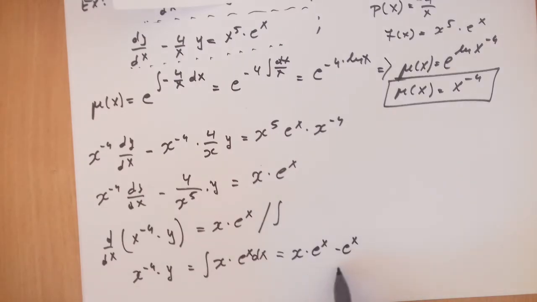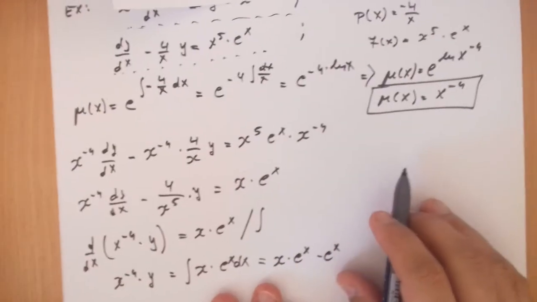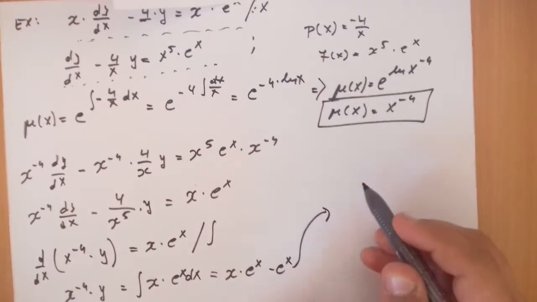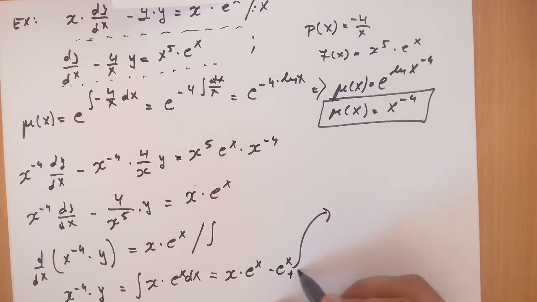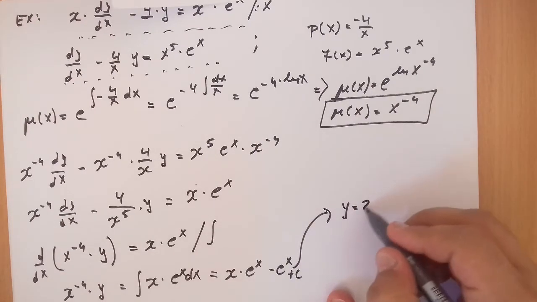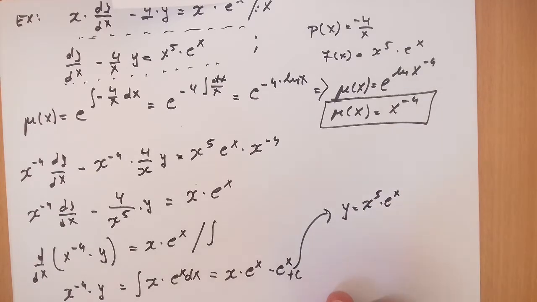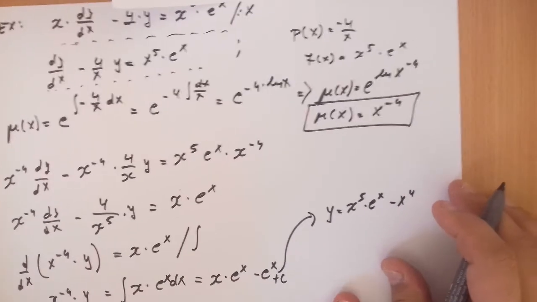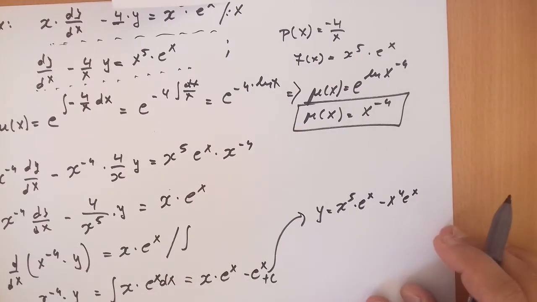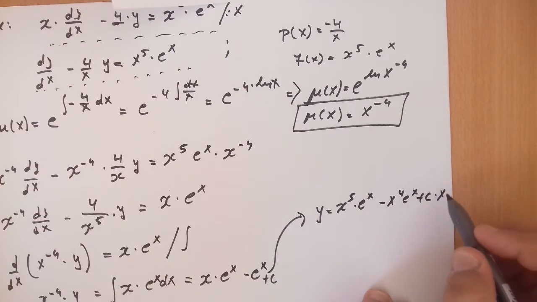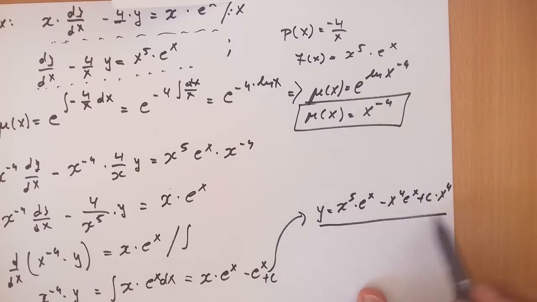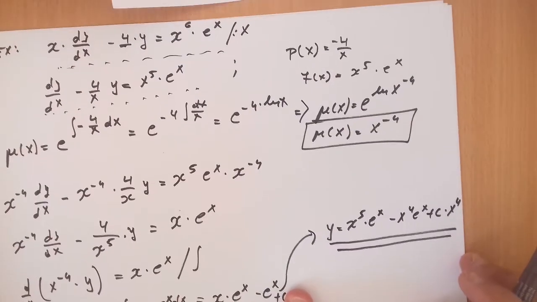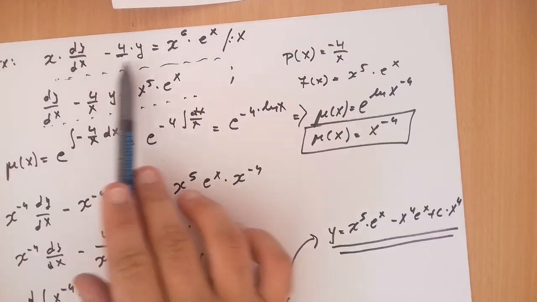You have to prove this by the method of integration by parts. And from here, there is a plus c here. Y is equal to x to the fifth power times e to the x minus x to the fourth times e to the x plus c times x to the fourth. So this is the solution of this linear differential equation.